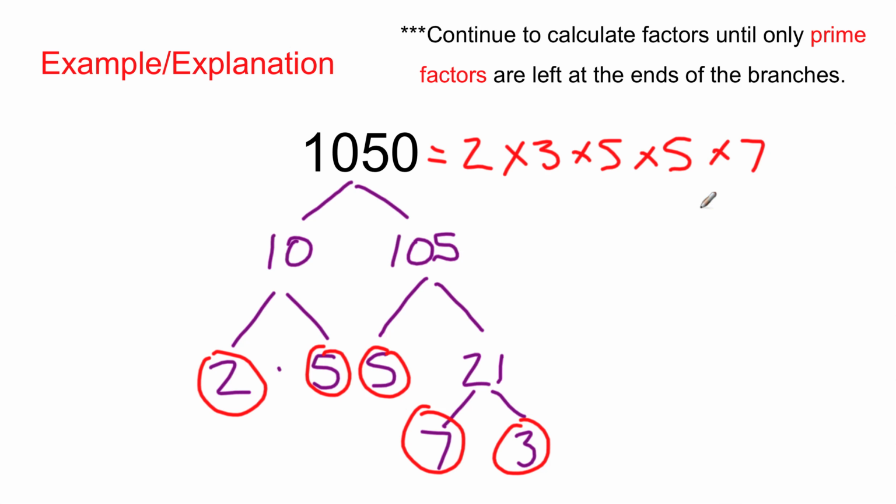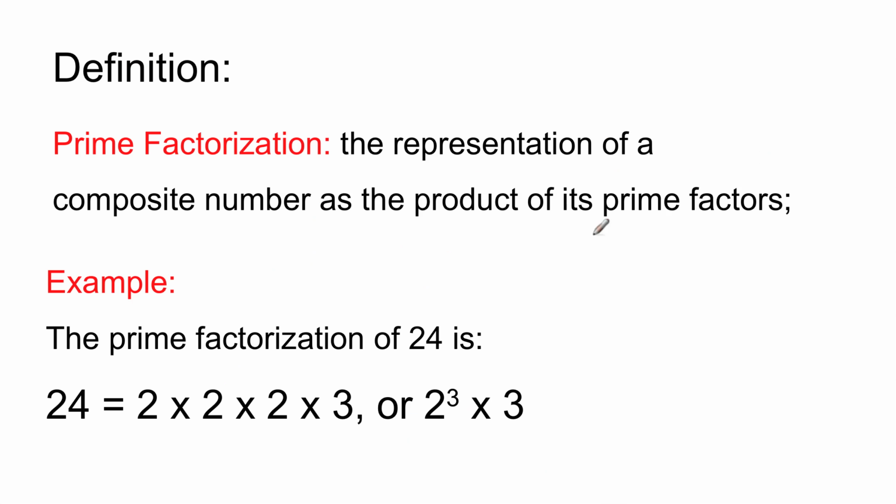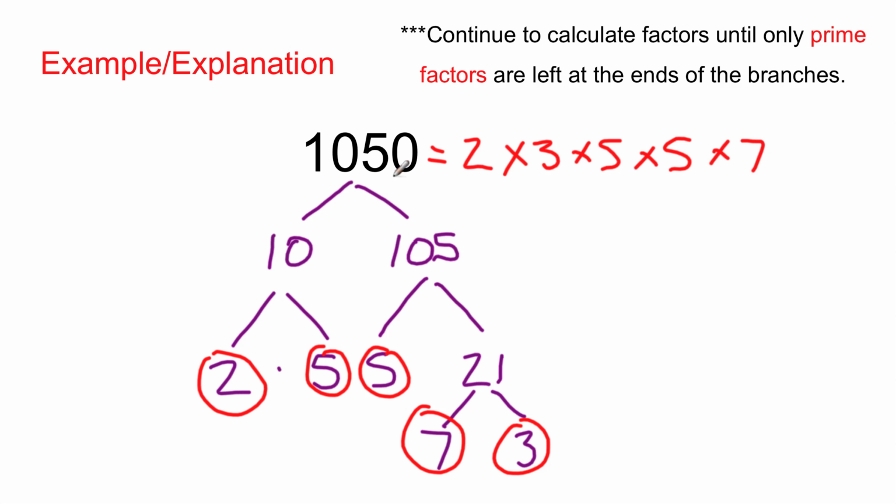Now, I'm not done yet. As we saw in the previous example, let's go back here. Notice we saw an exponent, which represented 2 times 2 times 2. We're going to use the same formula, same operation.